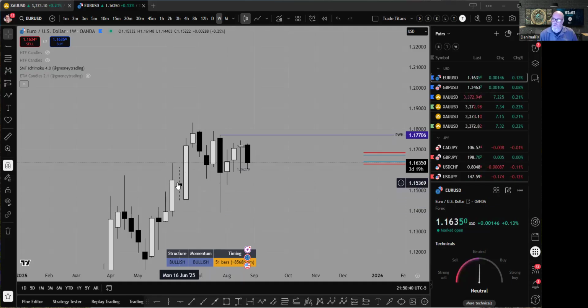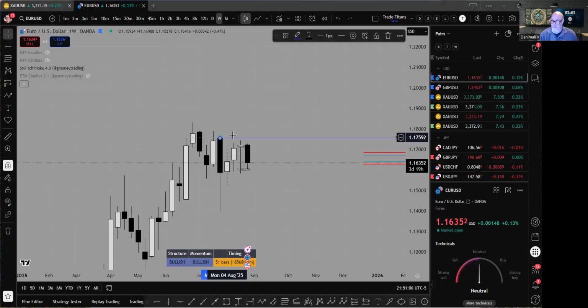Although we did test this weekly rally-base-rally, it kind of failed to go further down. But I think we're going to come back and retest even lower based on this candlestick alone. It's bearish. It's definitely catching my eye because, believe it or not, it is just ugly.